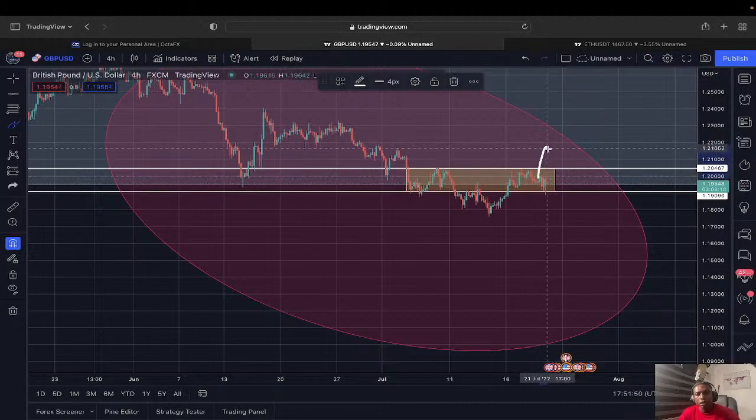If price breaks out, there will be a pullback. If that pullback does not close inside this ranging line, then it's a pullback to watch. But if it closes inside it, then it's a fake pullback, and you don't want to trade a fake pullback because it's a trap.